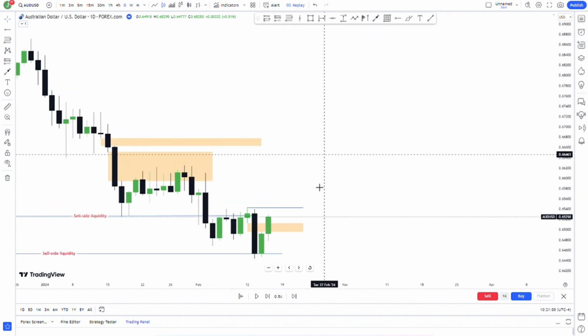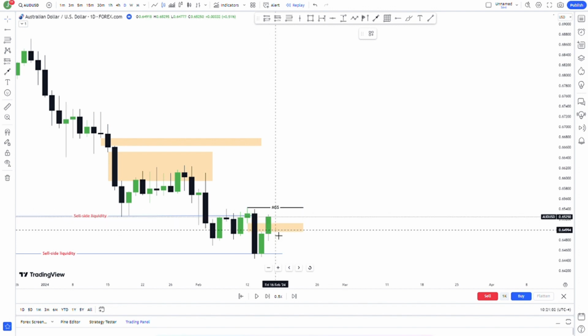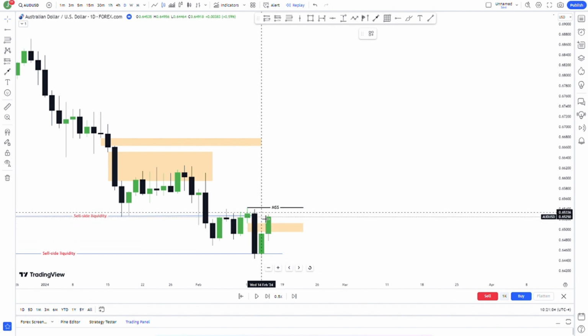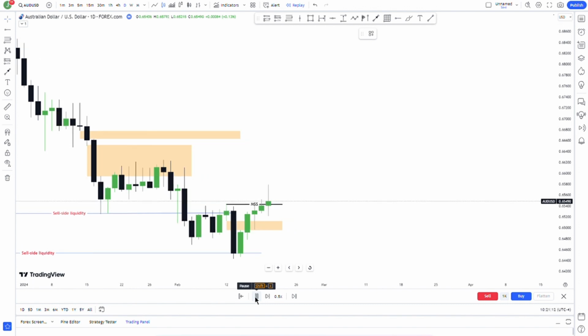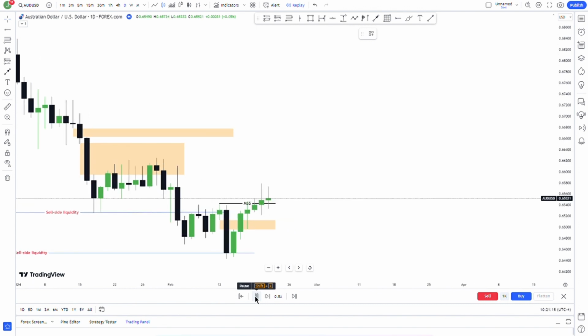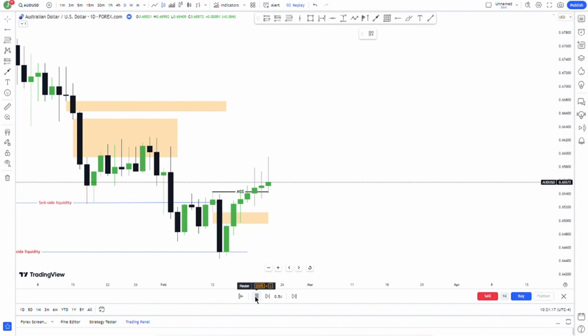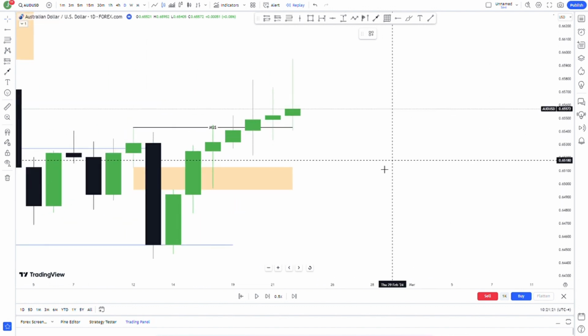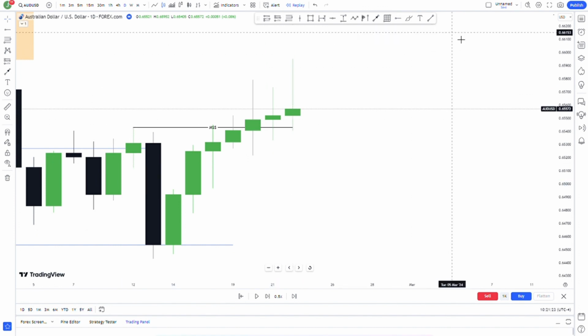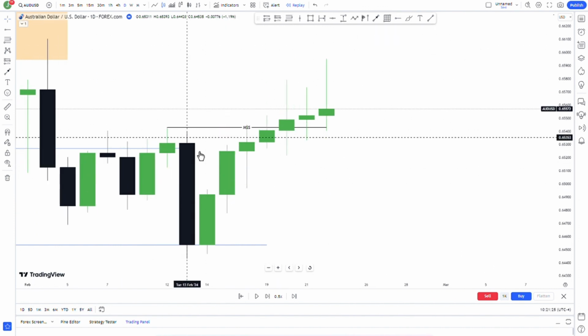This is our draw on liquidity now that the market has traded through the fair value gap. The market trades through and gives us a market structure shift. Now that we have a market structure shift, what we want to determine is whether or not we have a draw on liquidity inside this price leg.